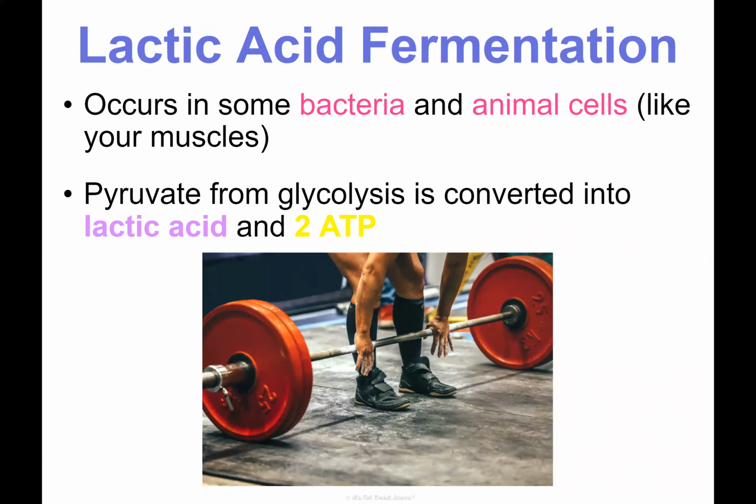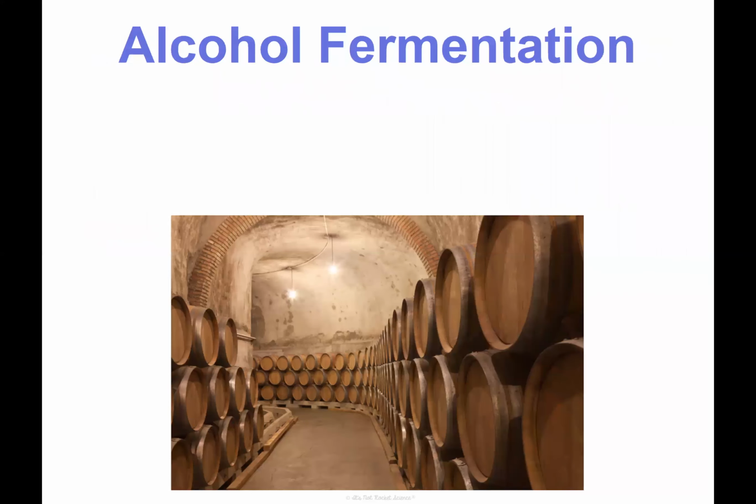You make 2 in glycolysis, and then you get 2 more when you convert that pyruvate, which is your 3-carbon molecule, into lactic acid. So you only make 4 in this step, much less compared to that electron transport chain, that aerobic respiration route, which is why your body will always choose aerobic respiration if there is oxygen available.